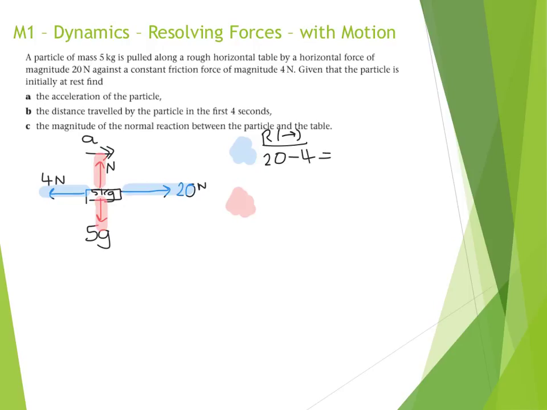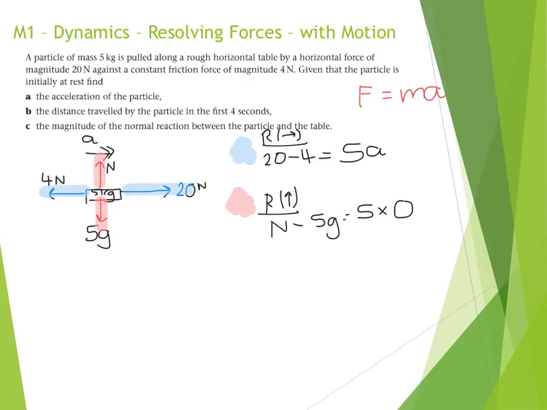I know that's equal to, as we're using F equals ma still, as we will do for this whole chapter, mass of 5 and the acceleration in that direction, which is a. Red direction, I'm going to choose upwards. So I've got my normal force acting upwards minus 5g acting downwards, and that's equal to 5 times the acceleration vertically, which is 0. I haven't got my particle flying off the table or falling through the table.